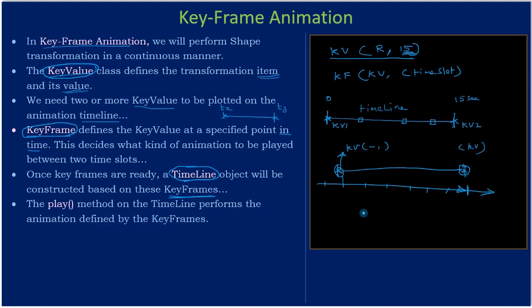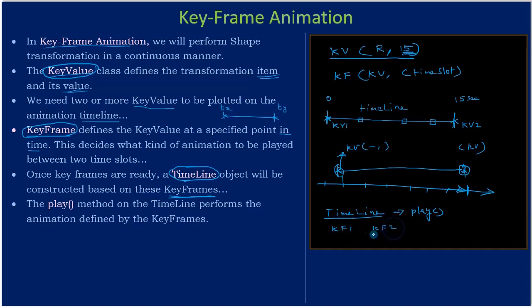So the relationship, if you see, timeline: once you create the timeline, from this timeline you can make a call to the play method, and this timeline, if you see, is constructed based on multiple keyframes.